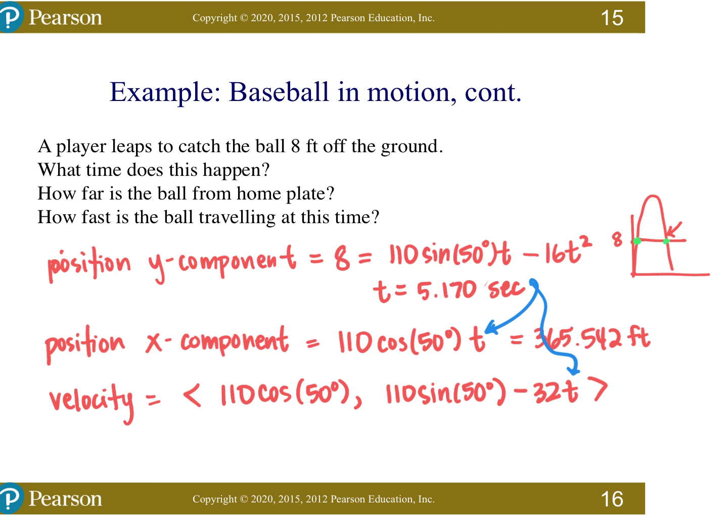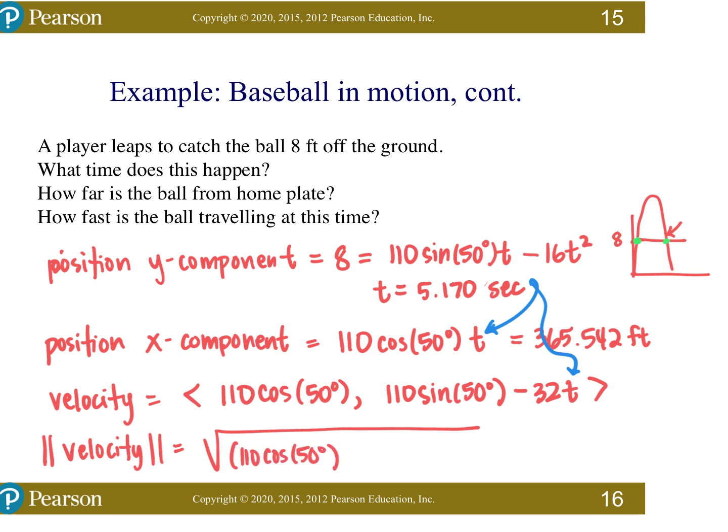And so if I'm finally looking for how fast, I want the magnitude of this velocity. So I will be setting up 110 cos of 50 degrees, that whole quantity squared, plus 110 sine of 50 degrees, minus the 32 times, and then you'll put your stored value in of 5.170.